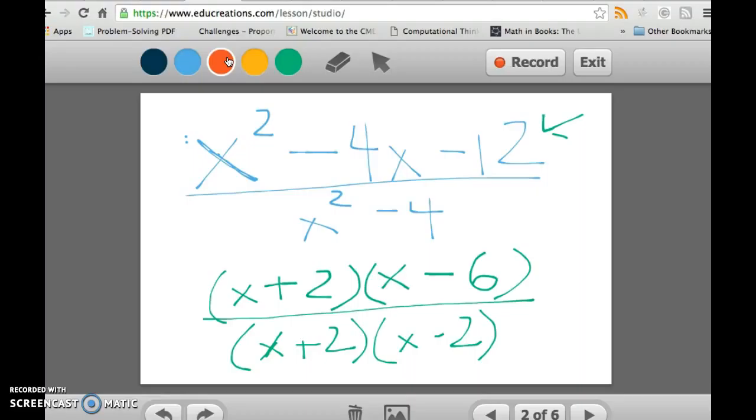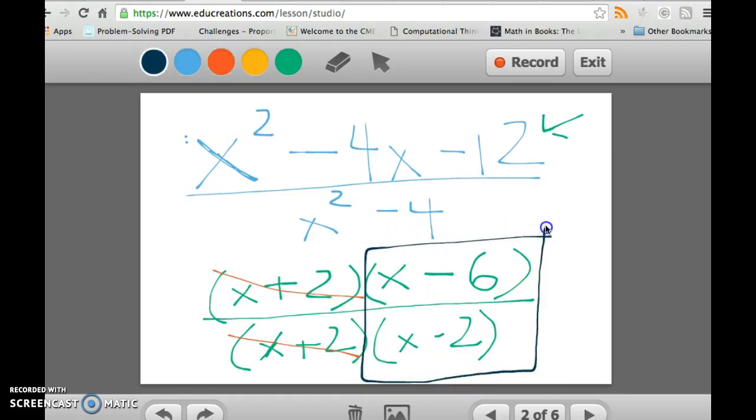Because it's multiplication happening on top, x plus 2 is a factor both on top and on the bottom, so we get to cancel it out. I'm just going to cancel these x plus 2's out, and then box my final answer, x minus 6 over x minus 2. Again, the x is there in both of them, but it's not a common factor. So I'm done right there.